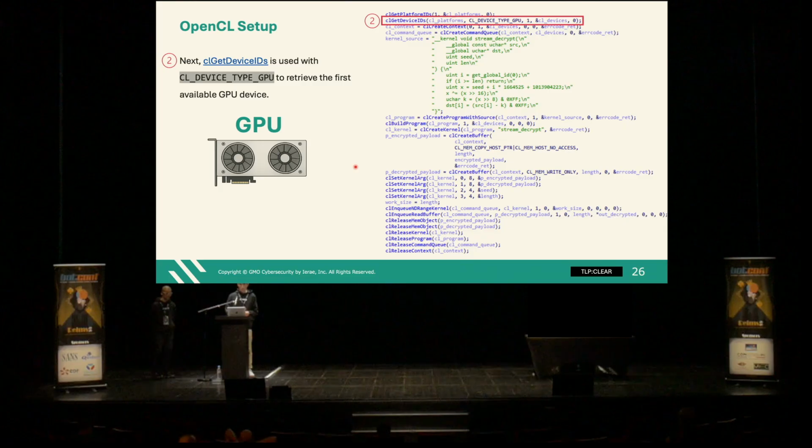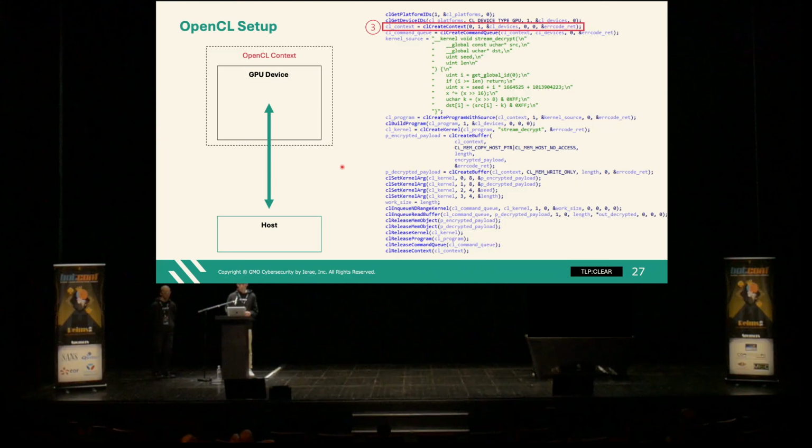Next, clGetDeviceIDs is called with CL_DEVICE_TYPE_GPU, which retrieves the first available GPU device on the system. That GPU device is then used to create what's called a context. This is done through clCreateContext, which acts as the environment in which the kernel executes and as a link between the host and the GPU device itself so they can interact.